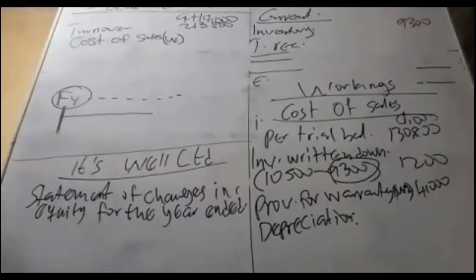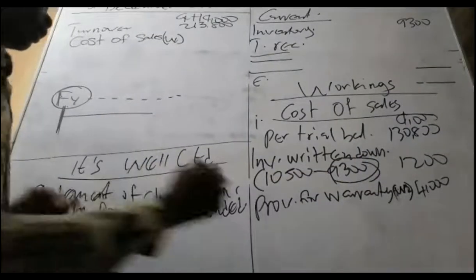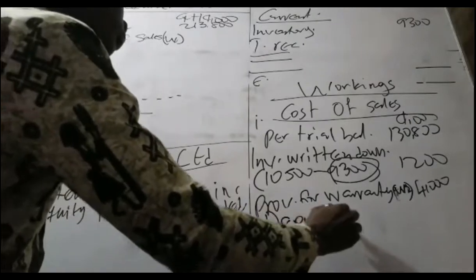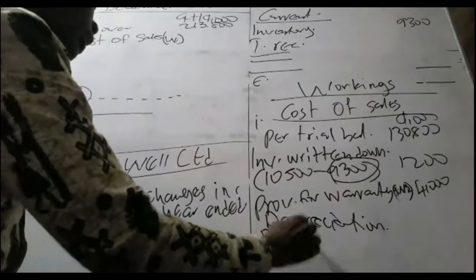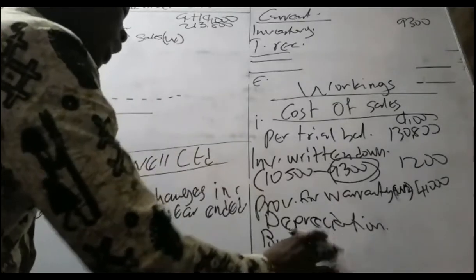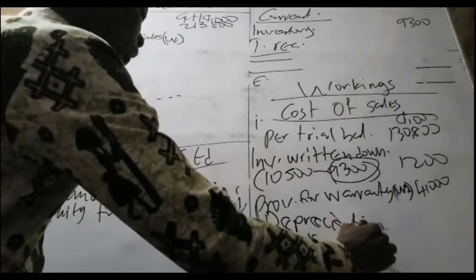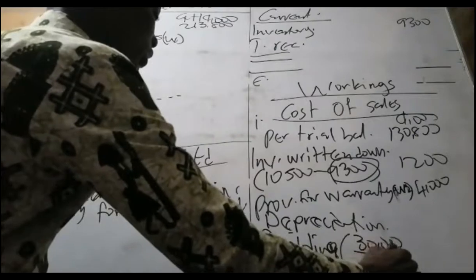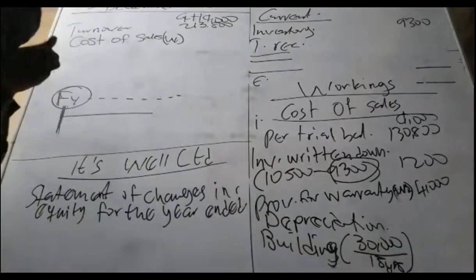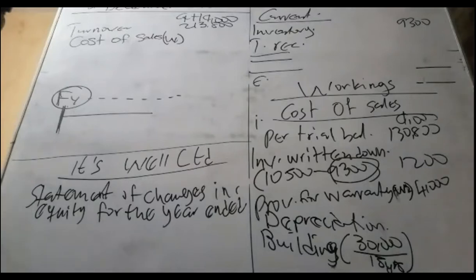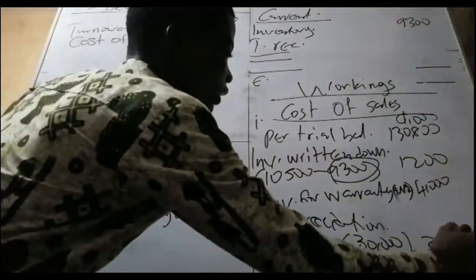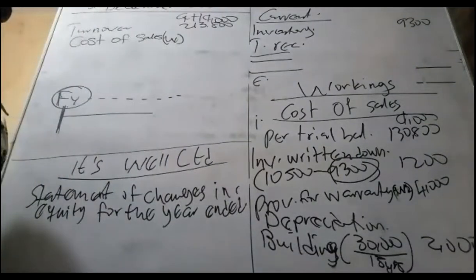Building: open the bracket, 30,000 divided by 15 years. And that will give us 2,000.